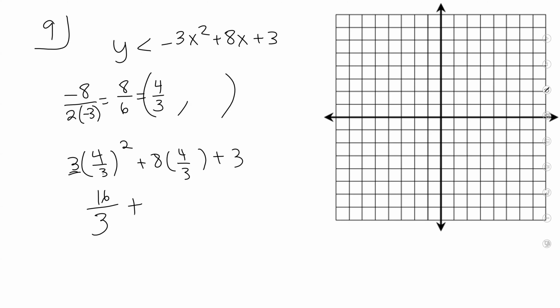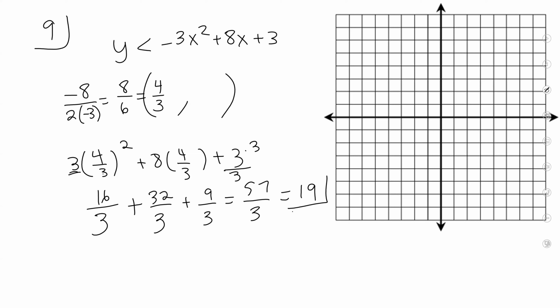Plus 8 times 4 is 32 over 3 plus 3. Can we change this to being 3 in the denominator as well so that we get 9/3? Okay, now we'll just add across. 16 plus 32 plus 9, that's 57. And 57 divided by 3 is 19.